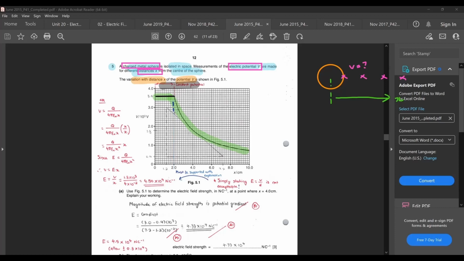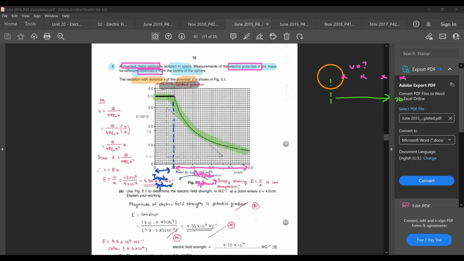So let me just redraw this. This part here is inside your sphere. Then this other side here is actually outside your sphere.